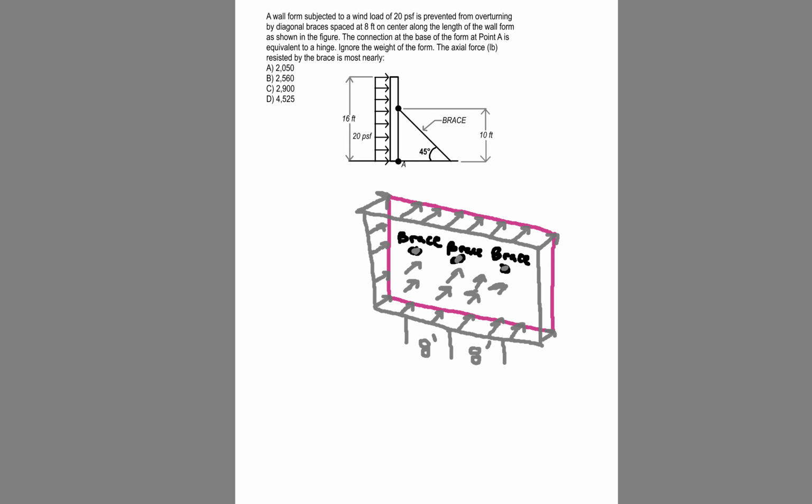And here's this 20 psf load shown in gray. It's acting along the full height of the wall form. And you have these braces every 8 feet. So what I like to do is figure out, okay, if we were to just take a section at the brace, what would the load be on the length of the wall?